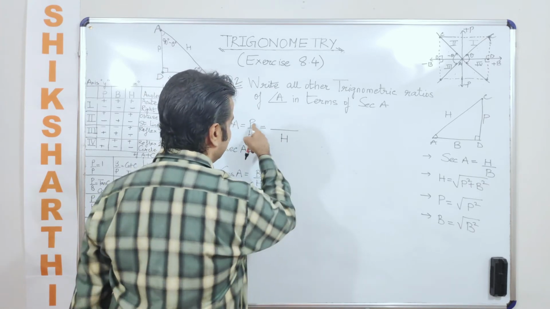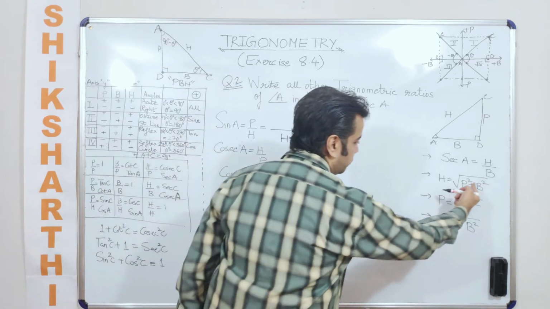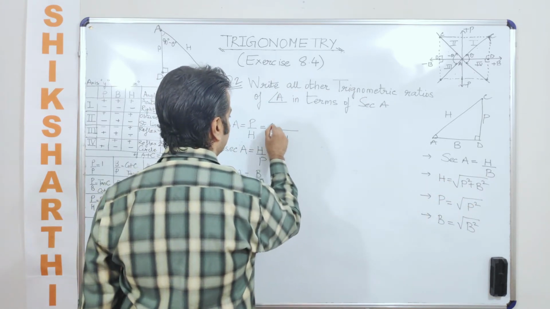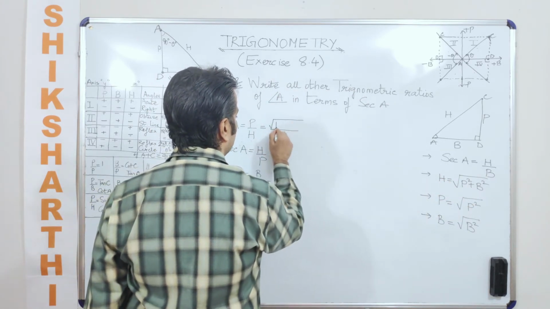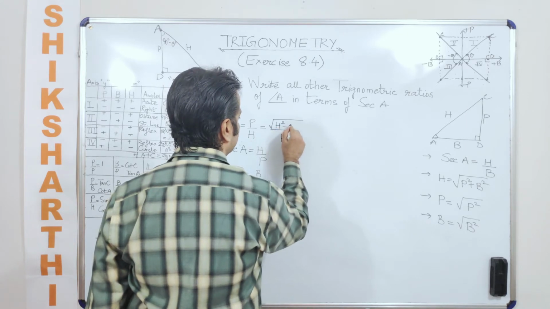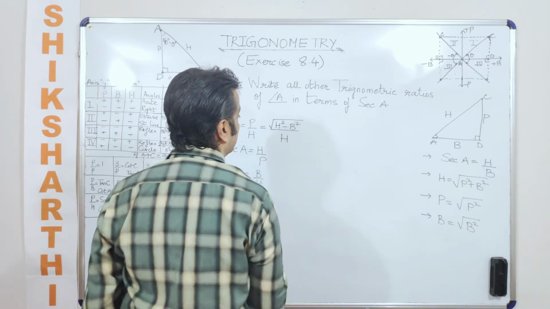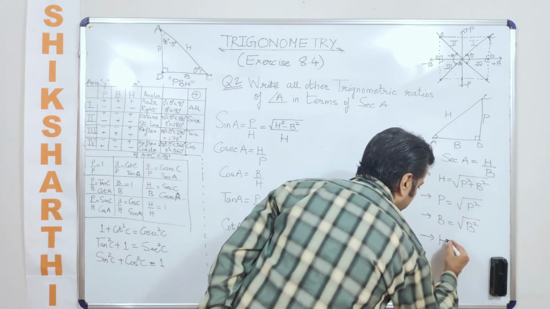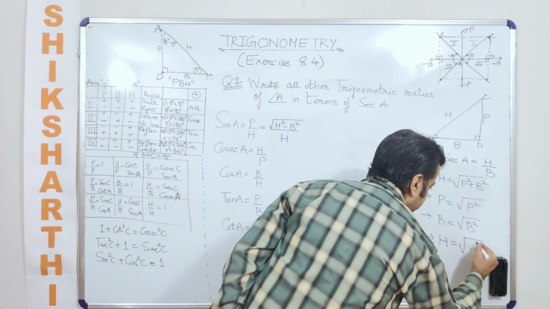So p in this case becomes what? We'll have to realign this, and we will say that p is nothing but under root of h square minus b square.